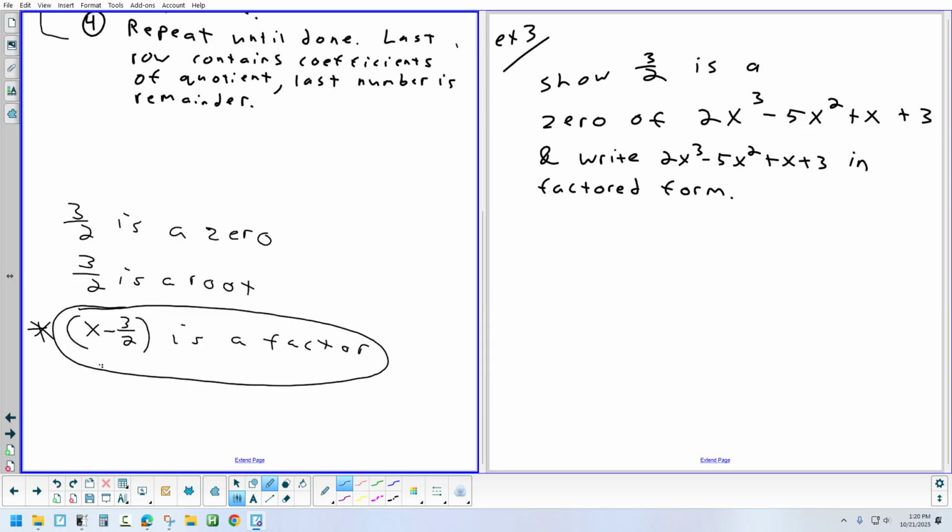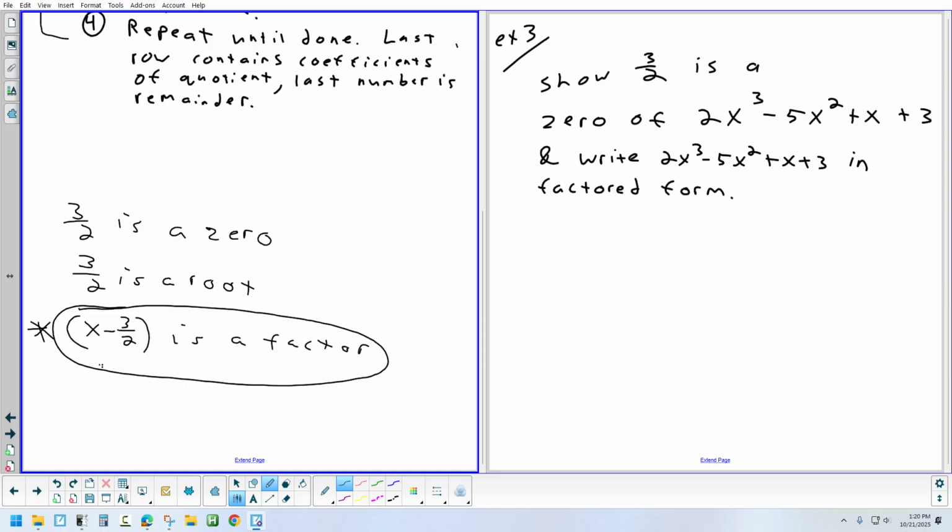So how do you show that something is a factor of something else? You take the number you're trying to prove it's a factor of and divide it by the number that you have. And what do you hope is going to happen if it's a factor?